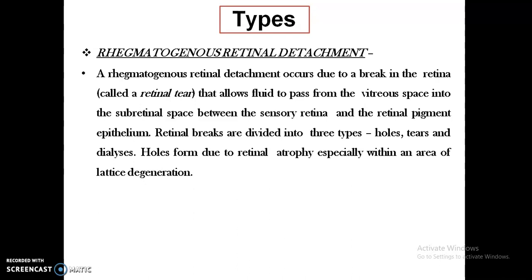And the retinal breaks are divided into 3 types, that is holes, tears and dialysis. Holes means minute injuries, or through diagnostic or surgical procedures there may be a chance for holes in the eyes. And the next one is tears.